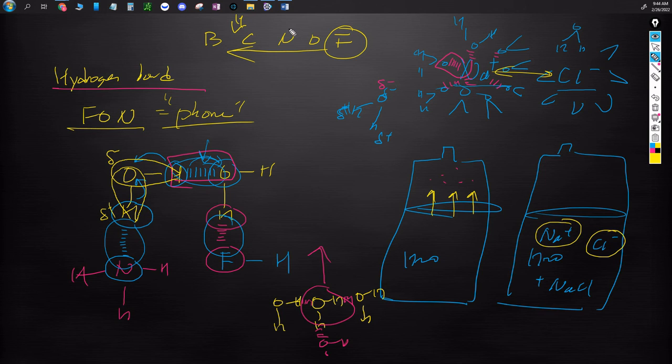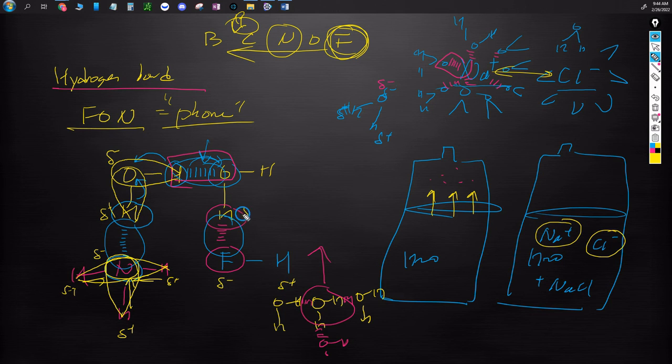Nitrogen also is here, and compared to hydrogen it has stronger electronegativity, so it draws electrons in that direction. So you have this going on here too, creating partial negative here, partial positive here. FH, of course, F is right here, H is right here, therefore a huge difference of electronegativity, creating partial negative here, partial positive here.